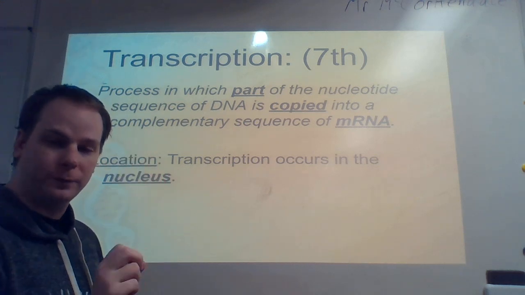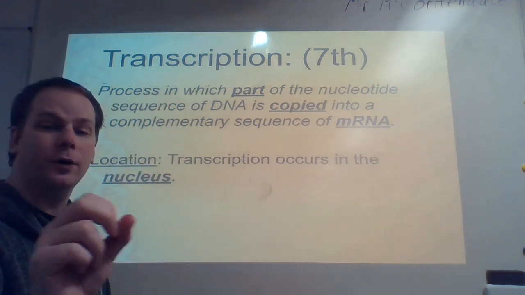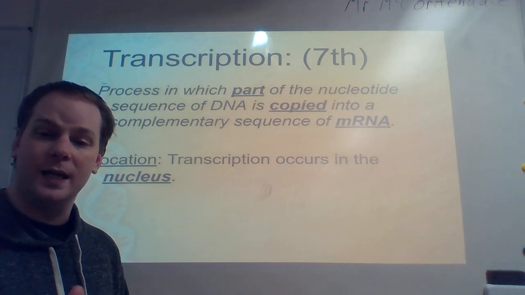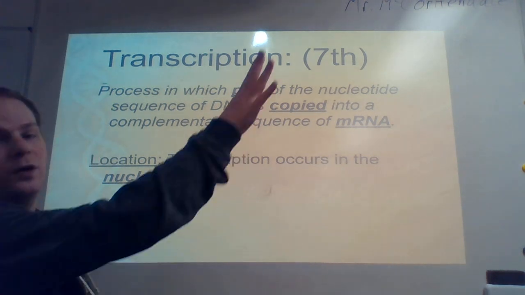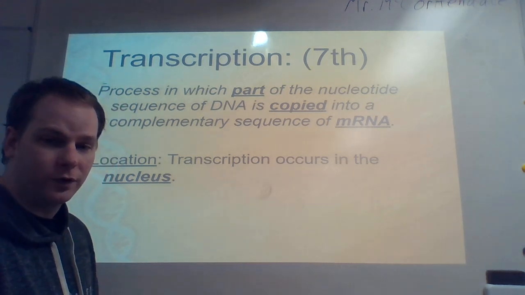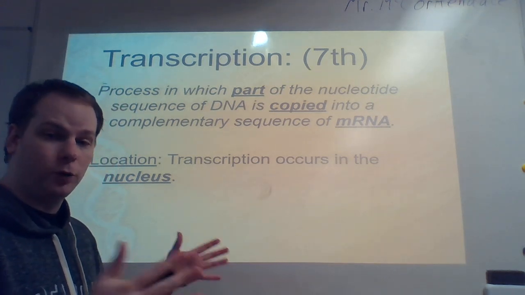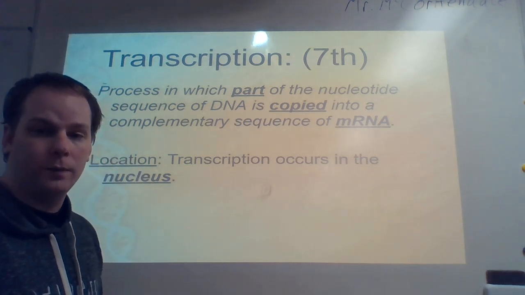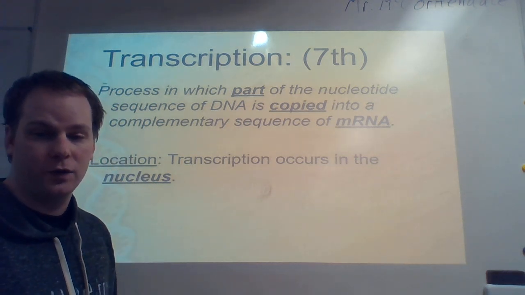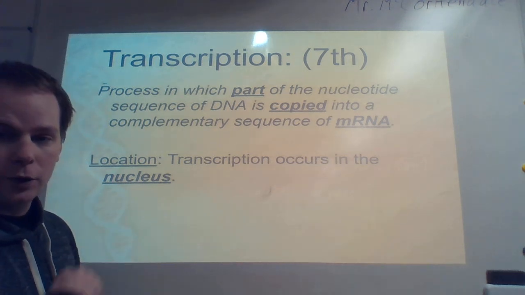So transcription is copying down the message from the DNA to the mRNA so it can be sent out of the nucleus to a ribosome. Transcription is that whole process of copying the DNA, making that mRNA strand, and that occurs in the nucleus.